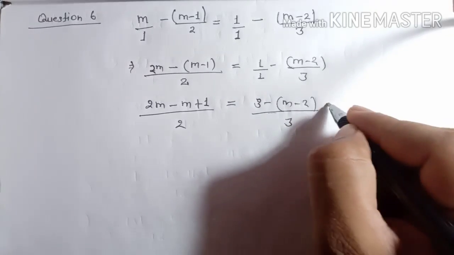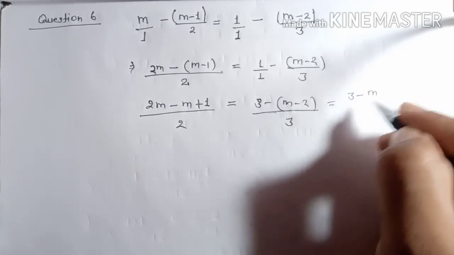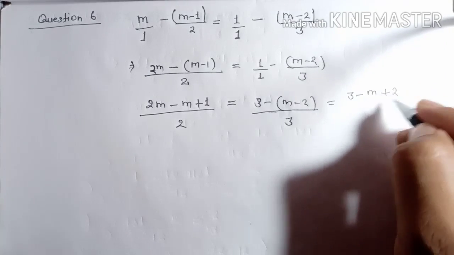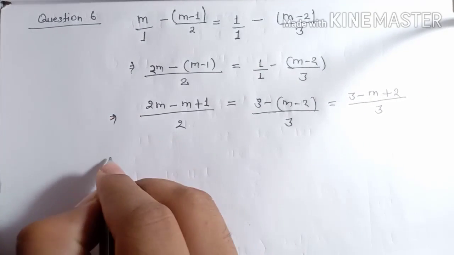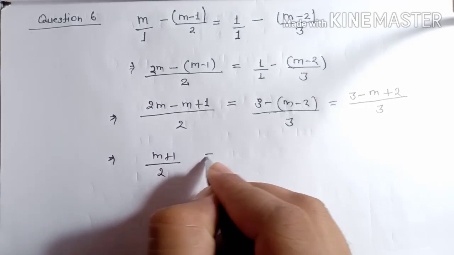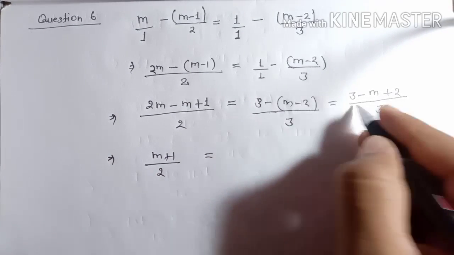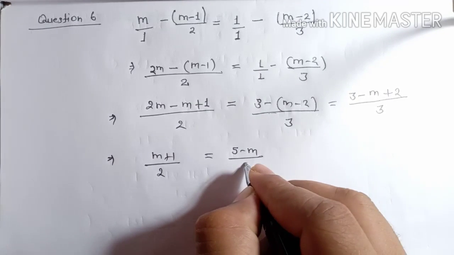Now this can be written as 3 minus m plus 2 upon 3. Now we go ahead: (m plus 1)/2 is equal to (5 minus m)/3.